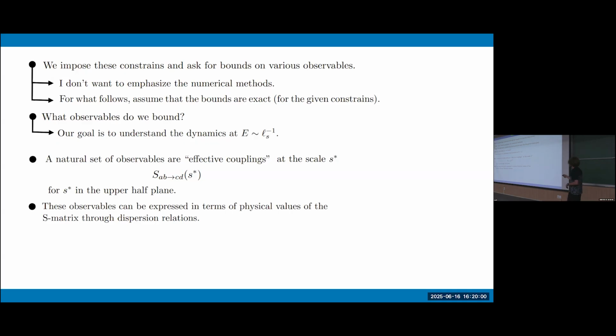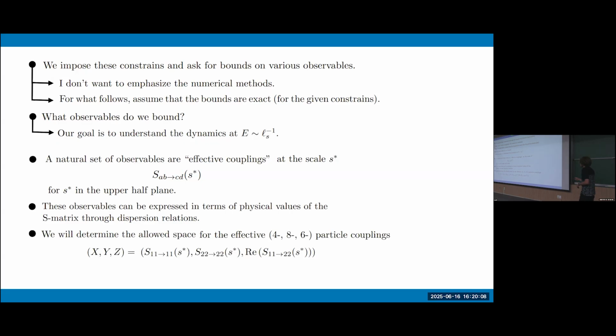And then these observables can be expressed in terms of physical values of the S matrix through dispersion relations via some sum rules. So for example, we'll consider the allowed space of 4, 8, and 6 particle couplings defined by evaluating these S matrices at s star, which we take to be i over string length squared.